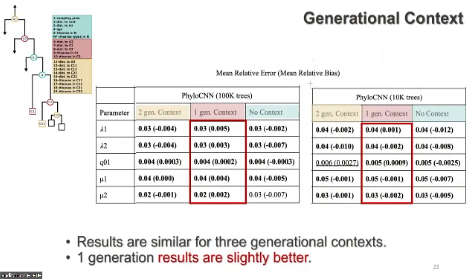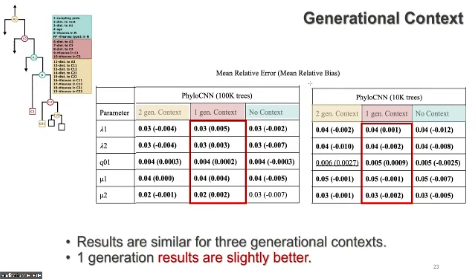And so how does our approach perform in this case? So when we compare the three different contexts, this is just the new approach that we are proposing. We don't see much of an improvement when we put the context in this case. Just a little bit from the one generation context to the no context, but very slightly, only in this parameter here. And in this case, there is no improvement, and even in this case, it was a little bit worse.